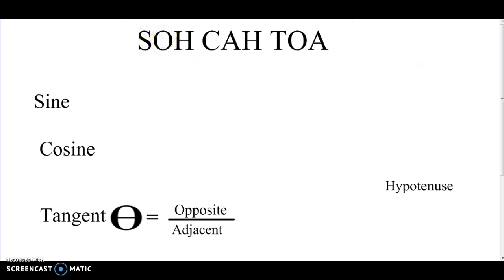So, reviewing that, SOHCAHTOA is a mnemonic device to help us remember how to set up these trig problems. Sine of an angle is opposite over hypotenuse. Cosine of an angle is adjacent over hypotenuse. And tangent of an angle is equal to opposite over adjacent.